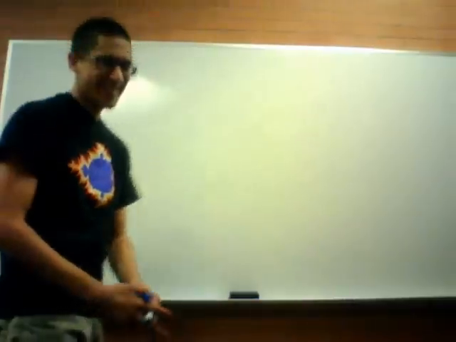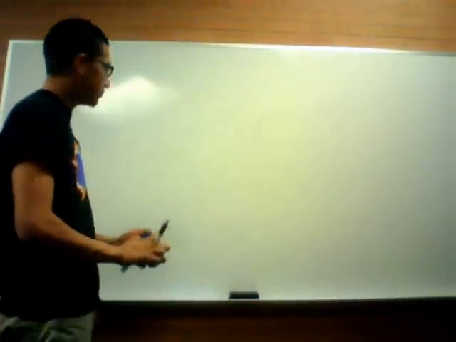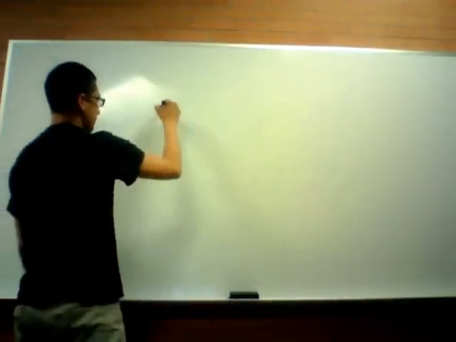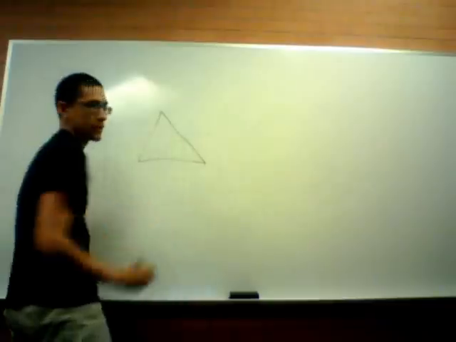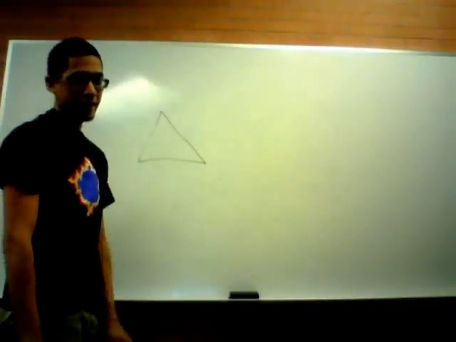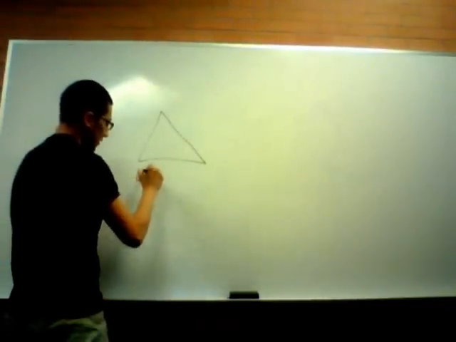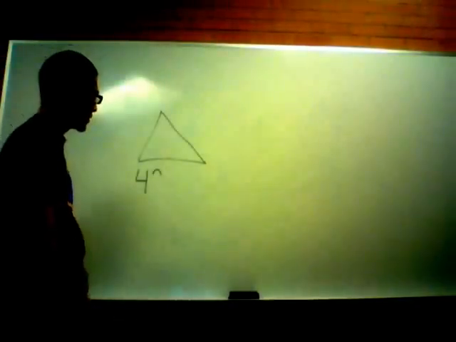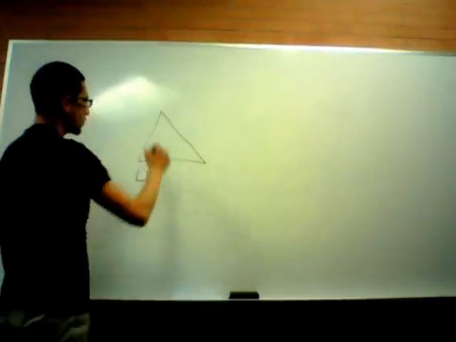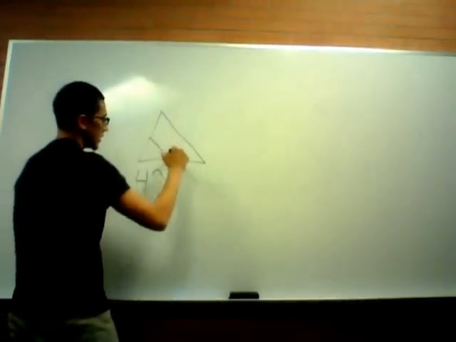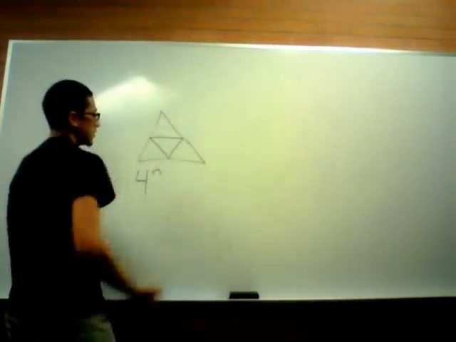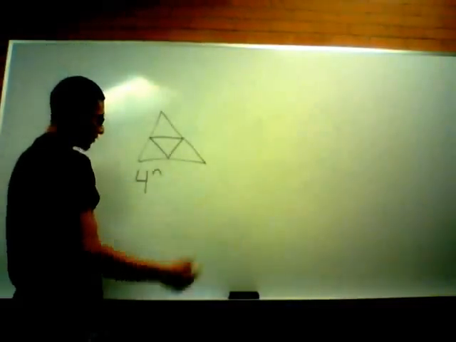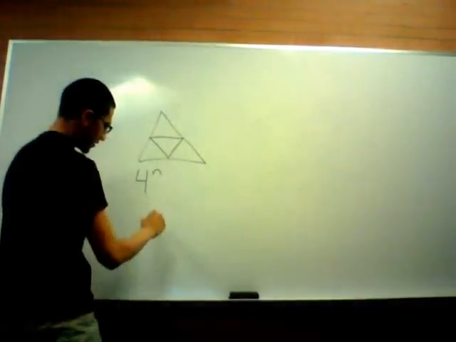So the problem is, given a triangle that is subdivided into 4 to the n triangles, if I cover one of the tiles of the subdivision tiles, then I should be able to tile, or to cover the rest of it using tiles that look like this.